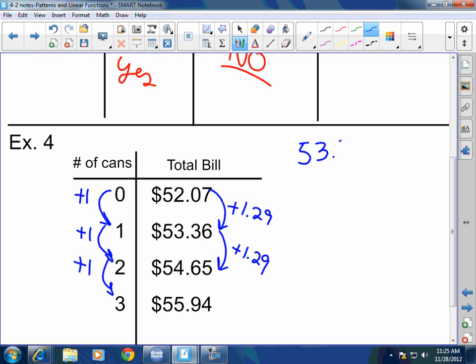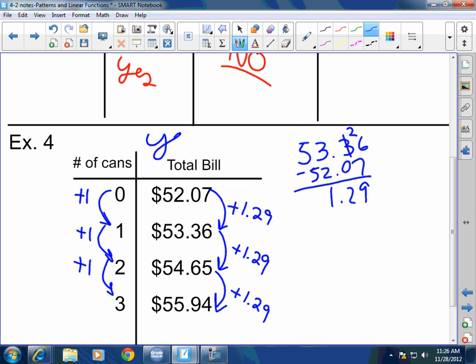You got to take the larger one minus the smaller. And that's 9. That borrows. And that's a 129, okay? If you're having troubles with that, that's something you may want to look into. And then from 5465 to 5594, plus 129. So is this a linear function? Yes, it is. Does that make sense, boys?